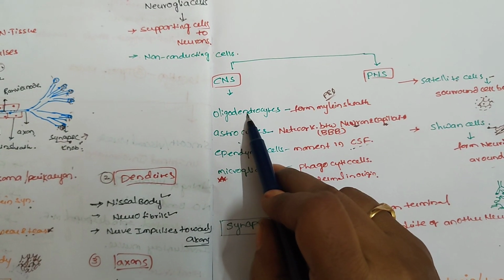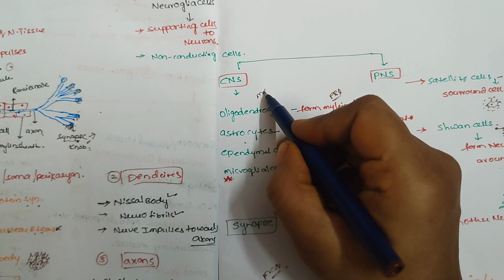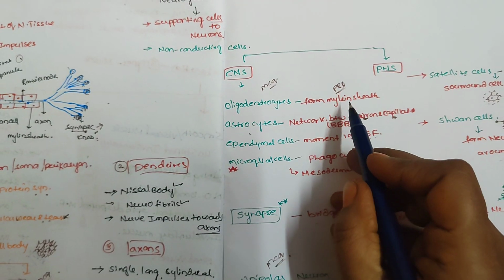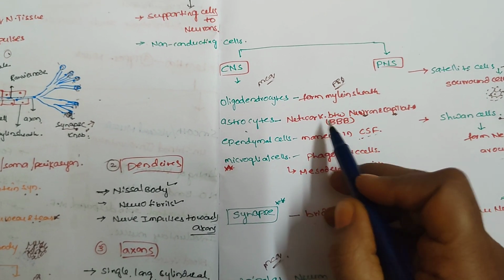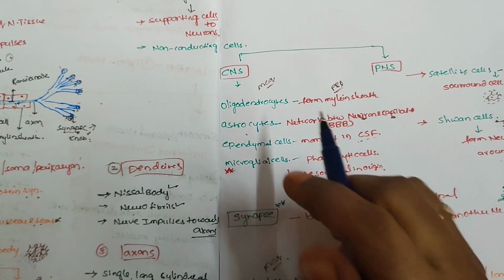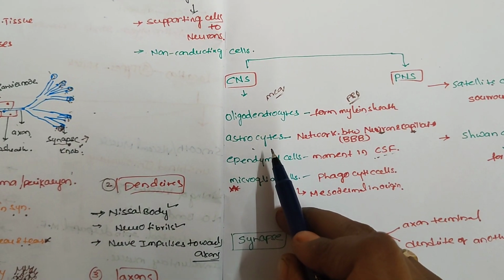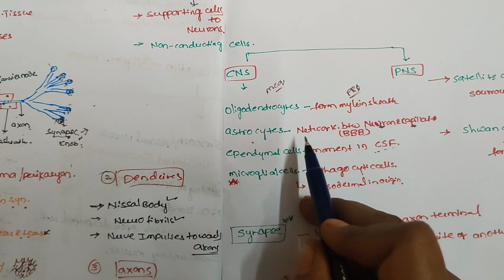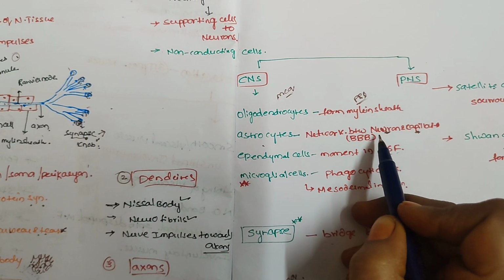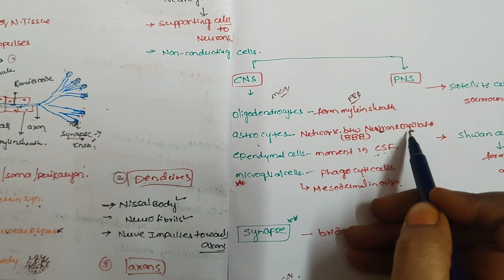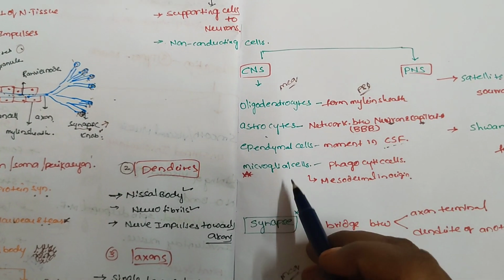In the CNS, in MCET and NEET, they may ask MCQs regarding this. Myelin sheath is formed by which type of cells? What are the blood-brain barrier cells? You have to focus. Oligodendrocytes form the myelin sheath. Astrocytes, star-shaped cells, form a network between the neurons and capillaries, that is, between brain and blood, making the blood-brain barrier.